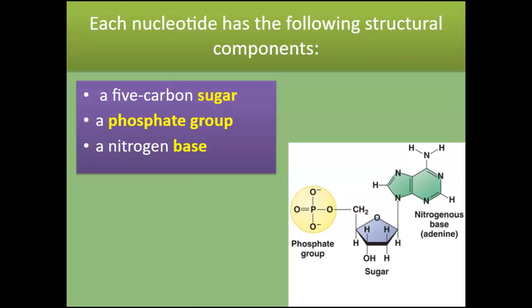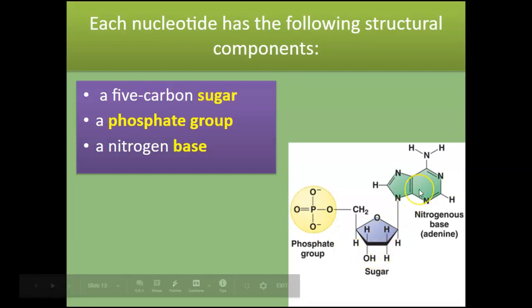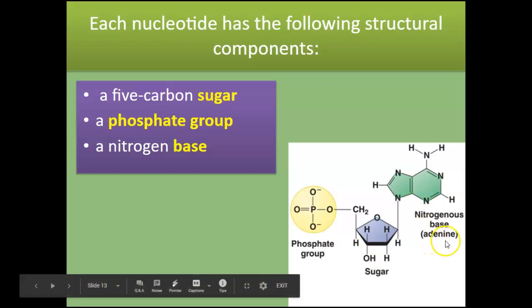Looking more closely at a nucleotide monomer, it is important to know their general structure. In a nucleotide, you see three things: a phosphate group, a sugar, and a nitrogenous base. This nitrogenous base is adenine.